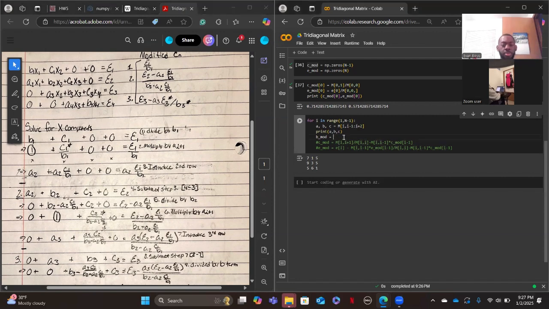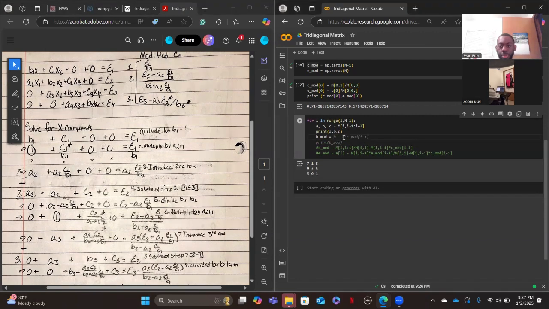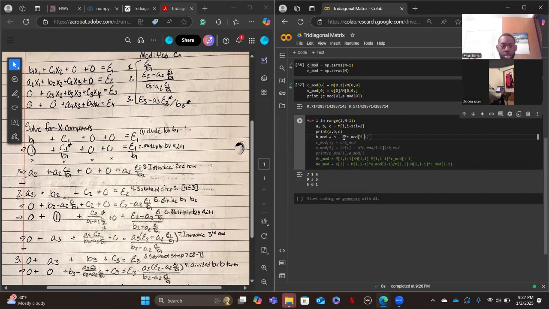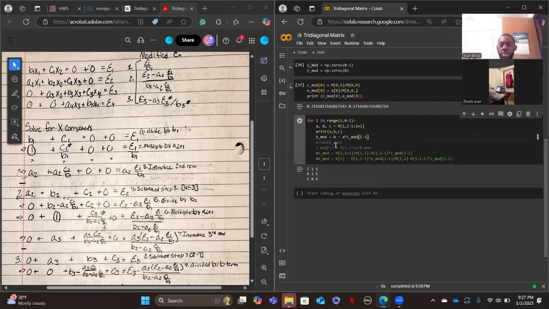So that will be B minus A times our C mod of I minus 1. That's our representation of our B mod, which uses the B and A that we're pulling from our for loop, and then times our C mod that we have up here.